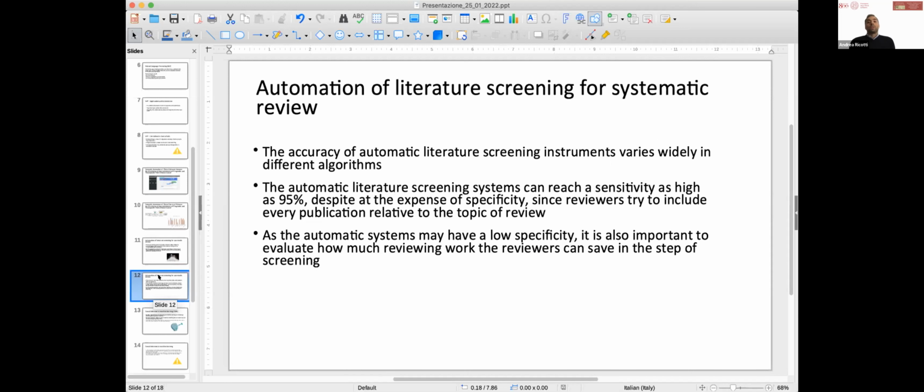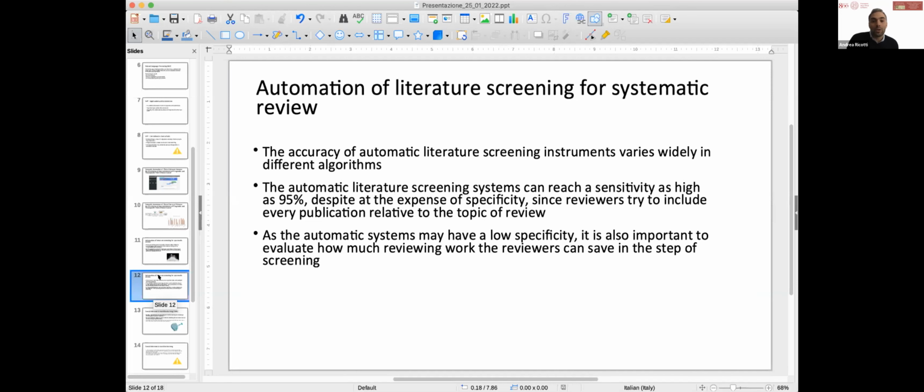So there are many algorithms to do automatic literature screening, but in some cases we have a high sensitivity, as high as 95%, at the expense of specificity. An automation system may have low specificity.